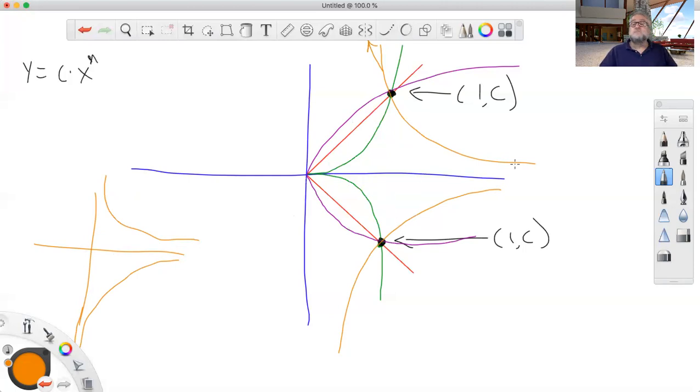This first one is for when n is less than 0. Same thing here, n is less than 0.